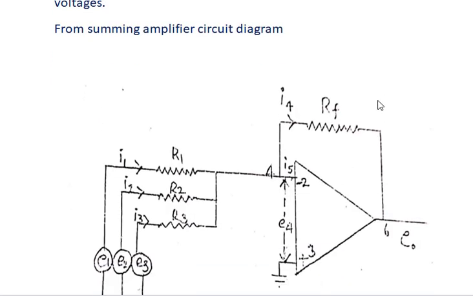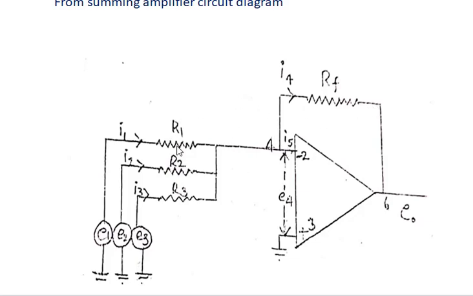See, this is the circuit of the summing amplifier. It consists of an operational amplifier, with the inverting input and the non-inverting input. The feedback resistor is connected between the output and the inverting input.